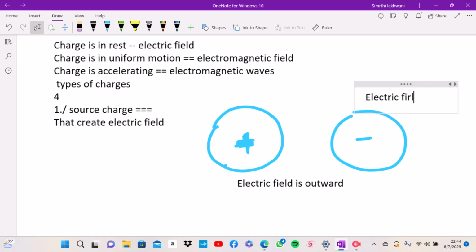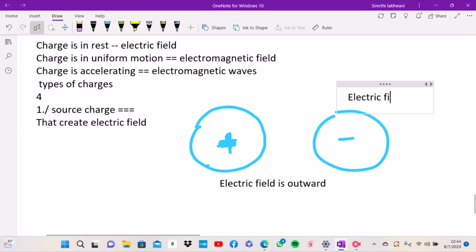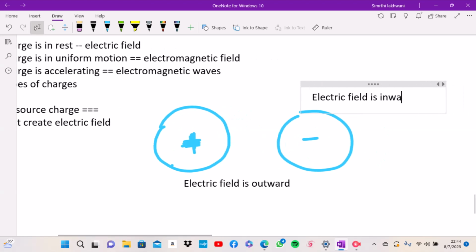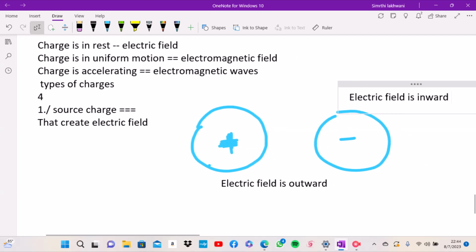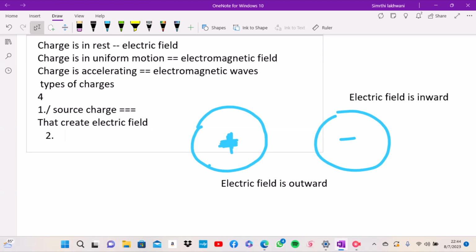But for a negative charge, the electric field is inward. So this is the source charge. Now the second type of charge is the test charge.